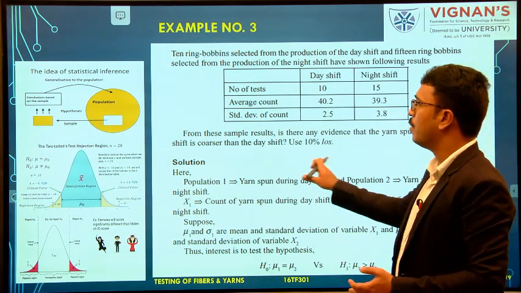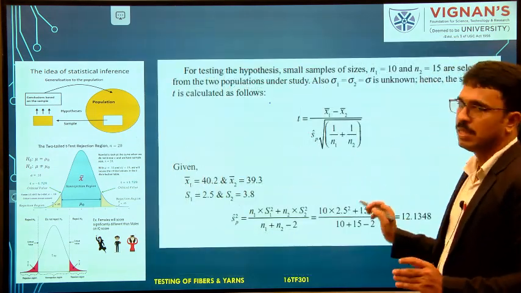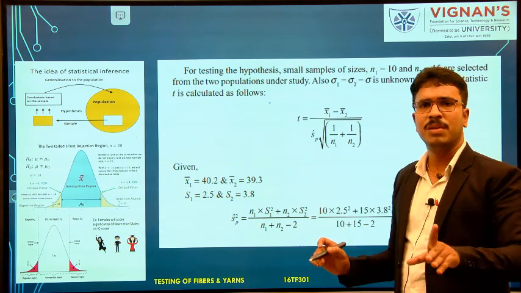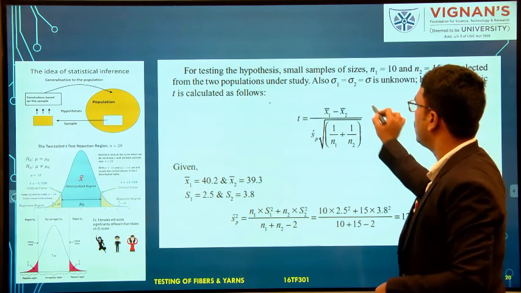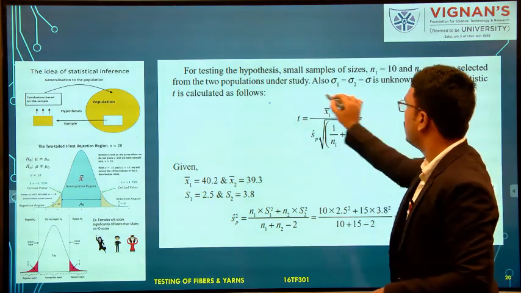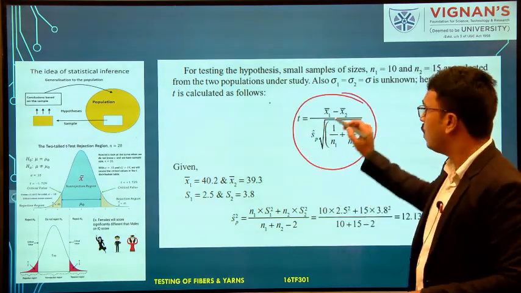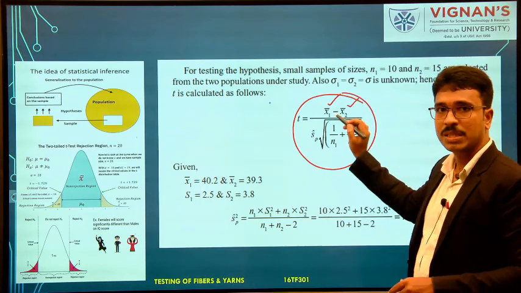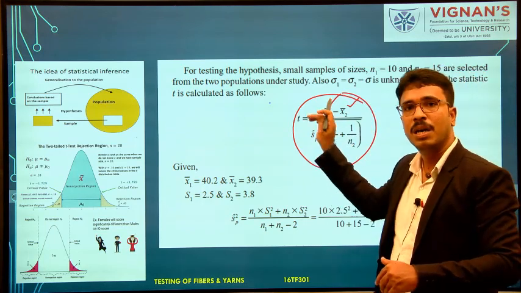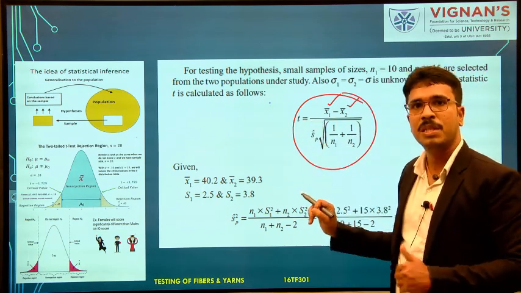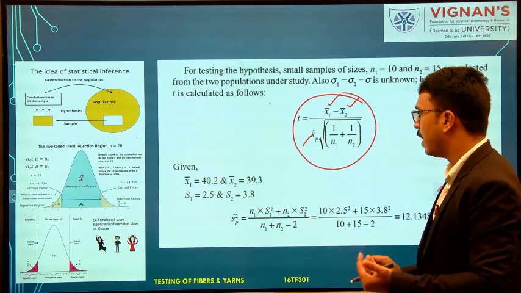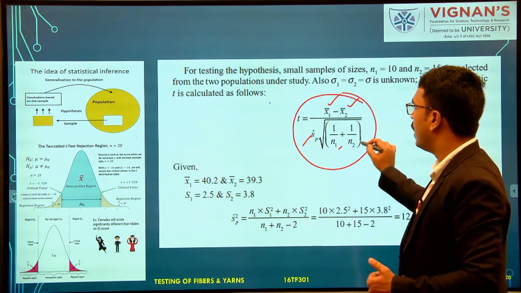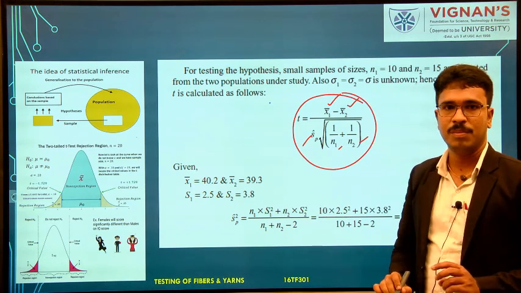And after setting the hypothesis, we have to test it. So here only one formula, so you need not get any confusion. This is the formula. We know x1 bar and x2 bar from the given information in the problem, and S you need to find out, and the n1 and n2 values are there in the problem.